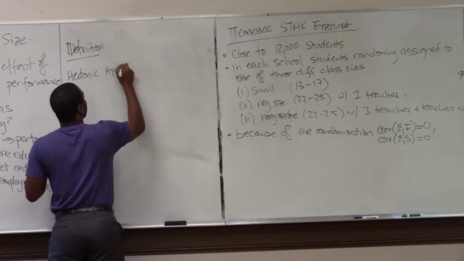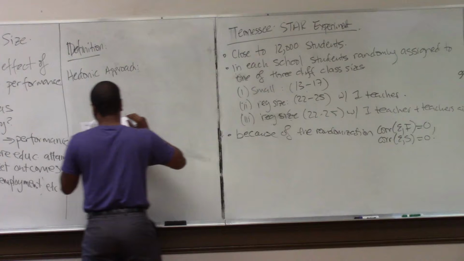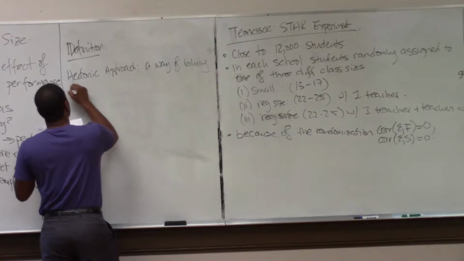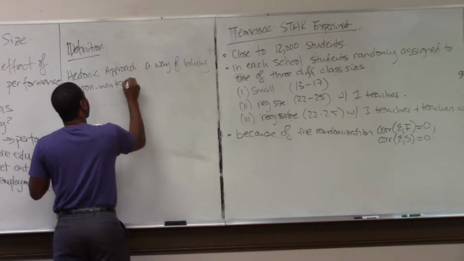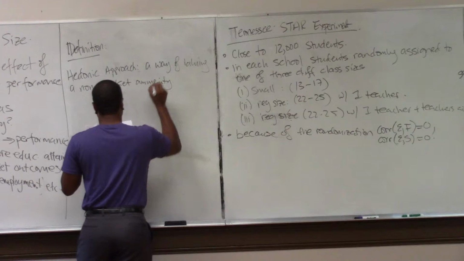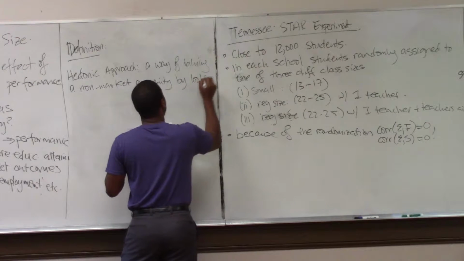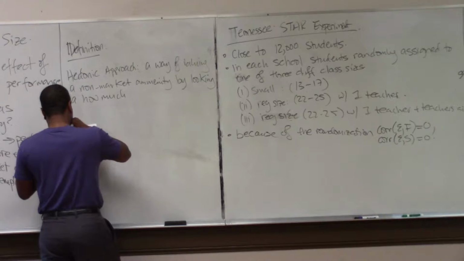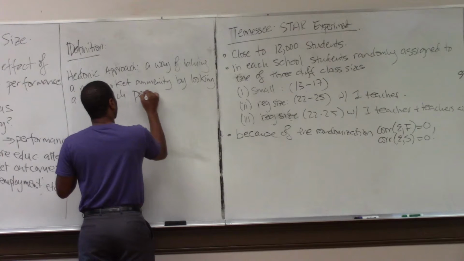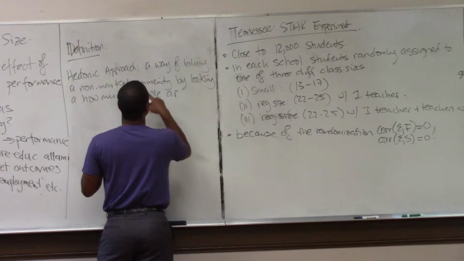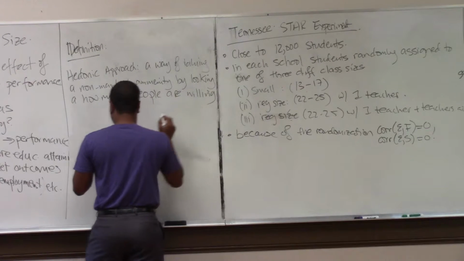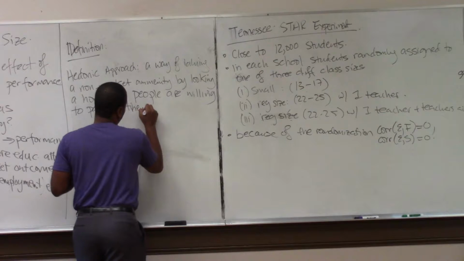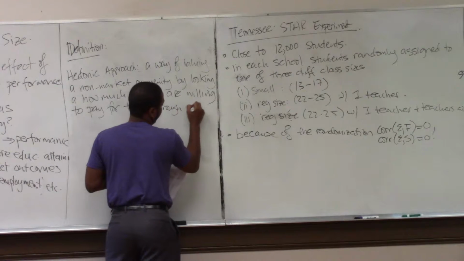Hedonic approaches are a way of valuing a non-market amenity by looking at how much people are willing to pay for them through revealed preference.